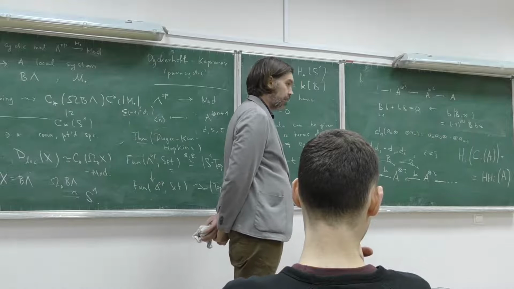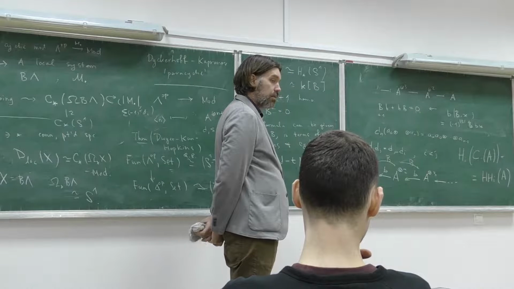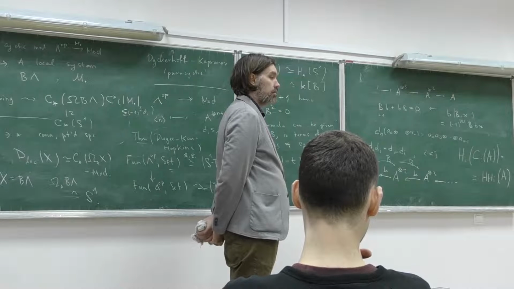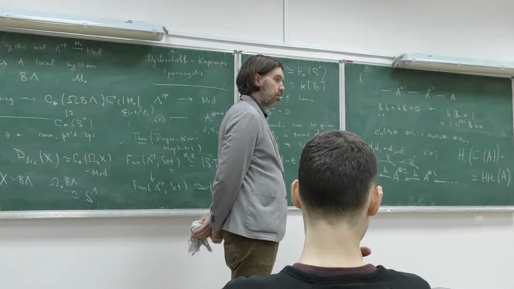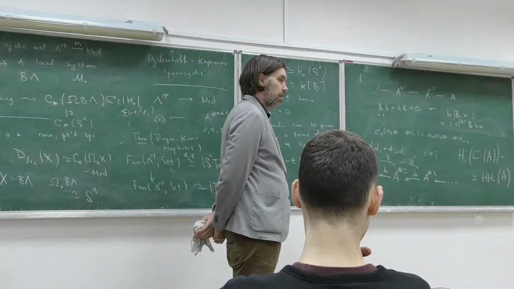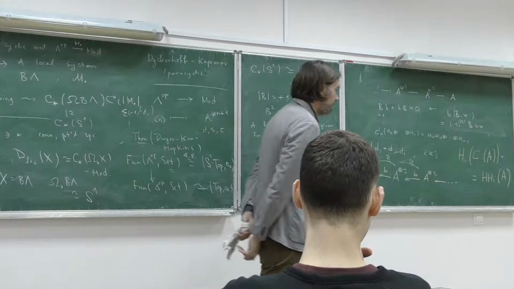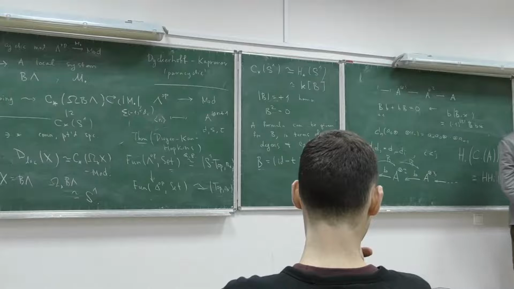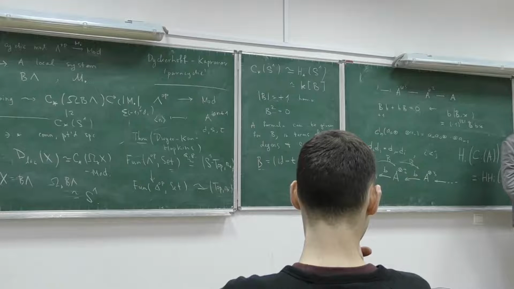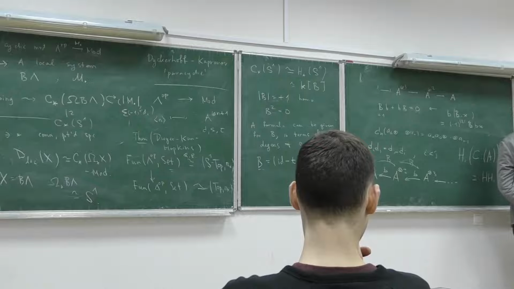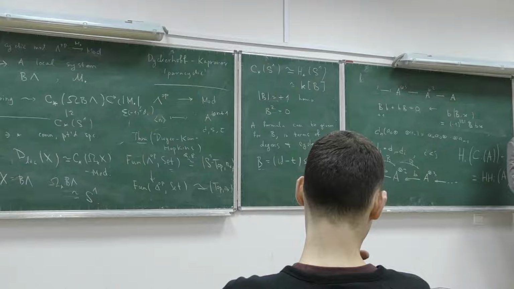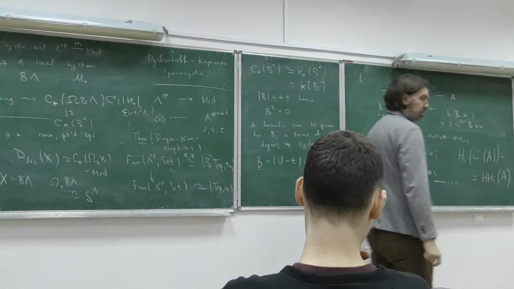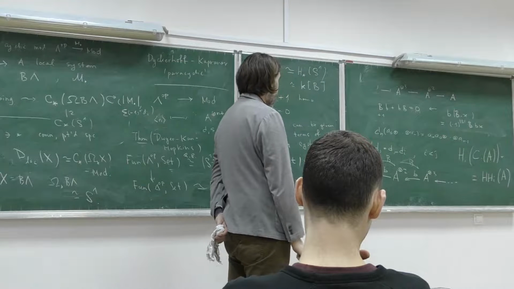Okay, so what do we have now? We have a complex. It has a circle action. By circle action, I mean action of the homology of the circle. That's reasonable, because if I had a space with a circle action, then this would act on the homology of X as a DG module.